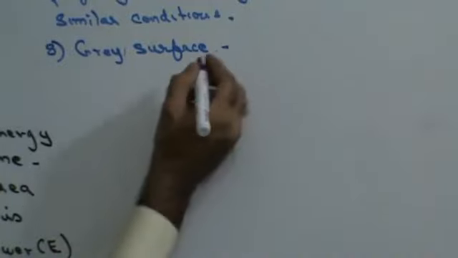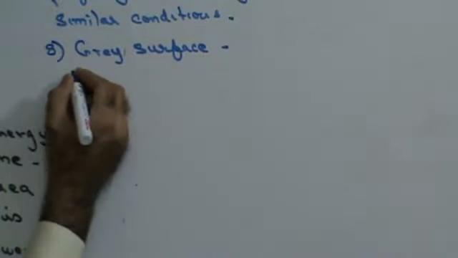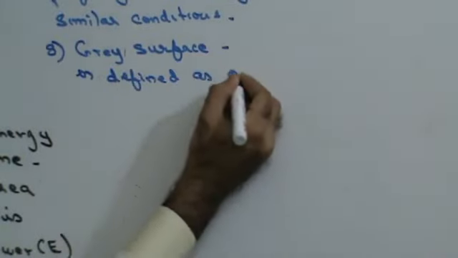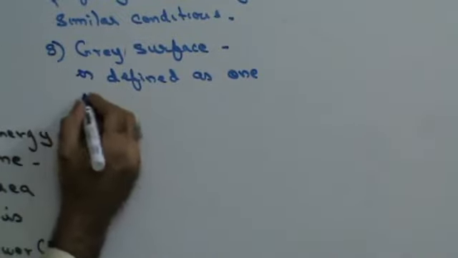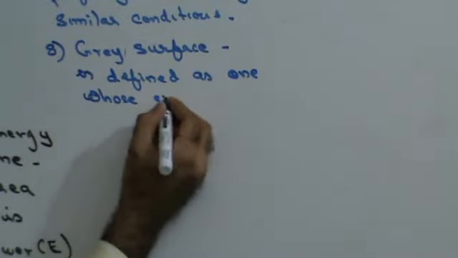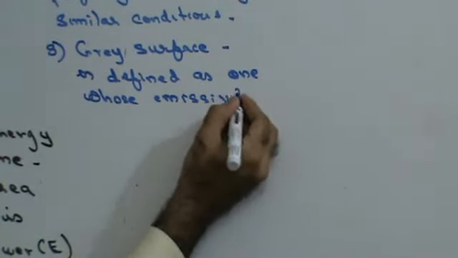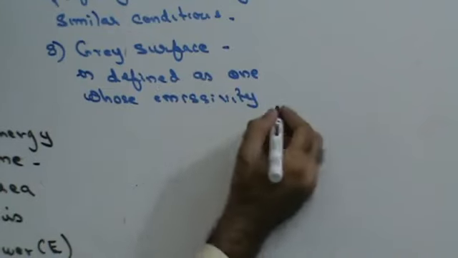Instead of the emissivity being maximum for a particular wavelength, if it is the same for all wavelengths, then that surface is called a grey surface.